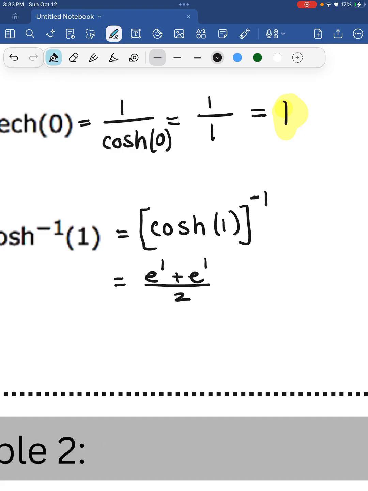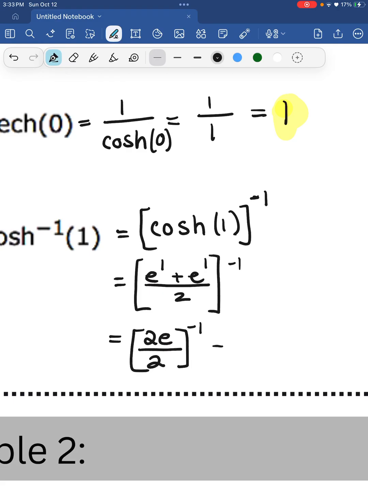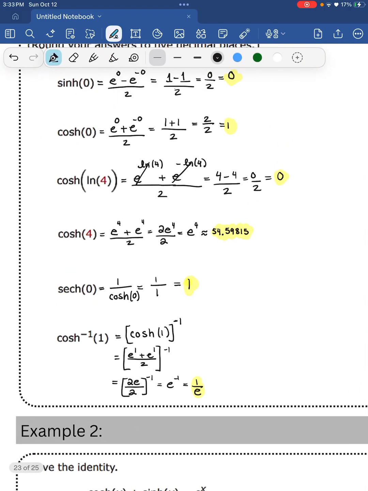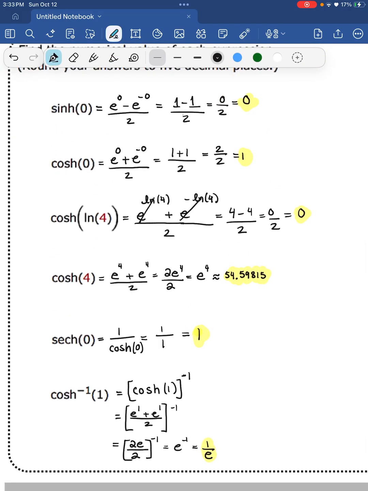This one's really nice because this is just taking the definition of cosh and sinh and hoping that you end up with e to the x, which is possible because cosh is going to be e to the x plus e to the negative x over 2, plus sinh, which is e to the x minus e to the negative x over 2. And I know that they have the same denominator, so we can actually put those together.